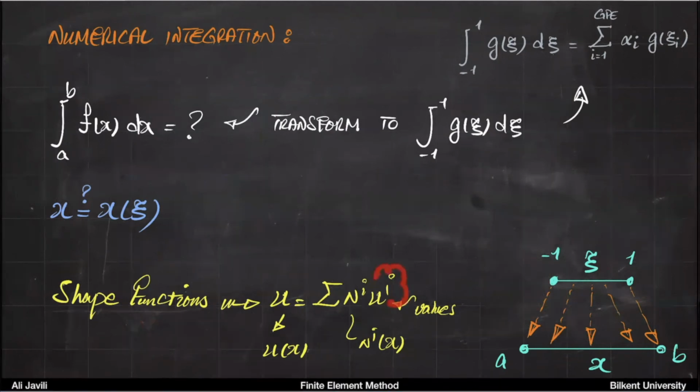Instead of approximating u, as previously, now we want to approximate the space itself, x. That's all it is. So you can say x is exactly the formula that you have below. It's the sum of Ni xi, i equals 1 to, okay, I write it p plus 1. Again, p is the order of polynomial that we had.